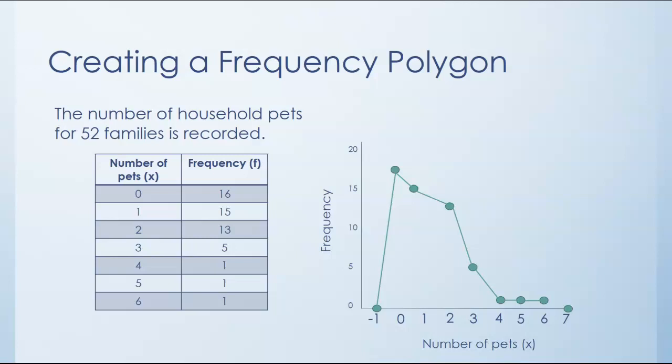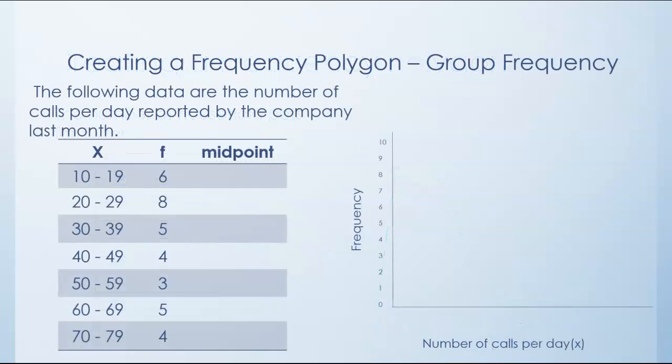And then when we get to the end, we're grounding our frequency polygon, so we're drawing that from 6 to 7, down to our x-axis. Whenever we do a frequency polygon, we always want to make sure to ground it on both sides, one below and one above.